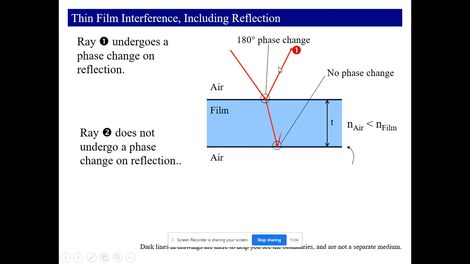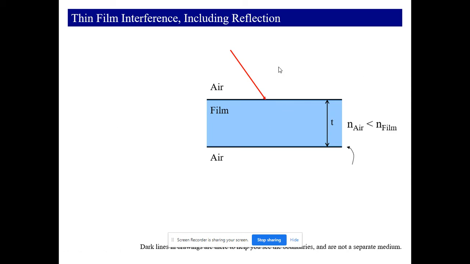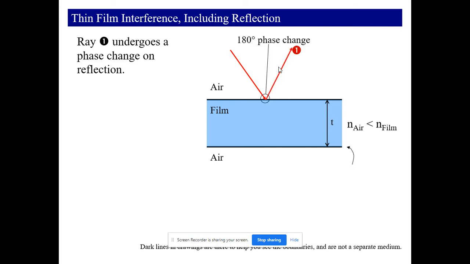So going back, when the light comes to this surface it will be reflected from here, and ray 1 will undergo a phase change on reflection. So this ray 1 will have a 180-degree phase change because of reflection from a rarer to denser medium.